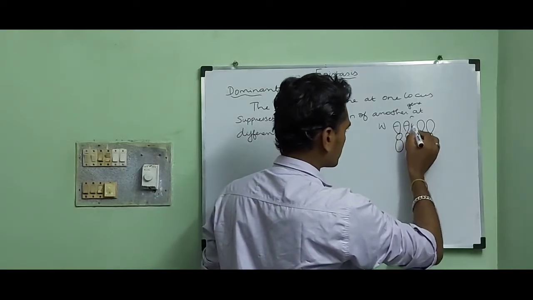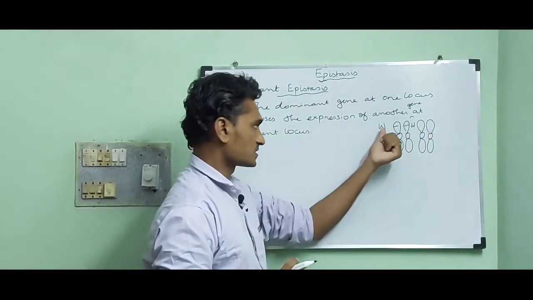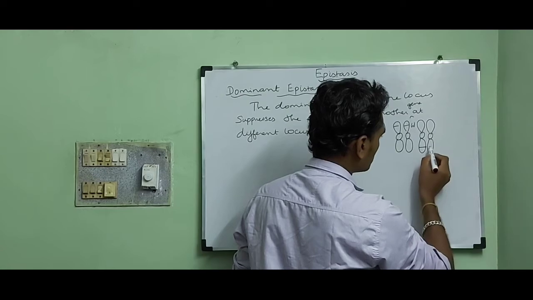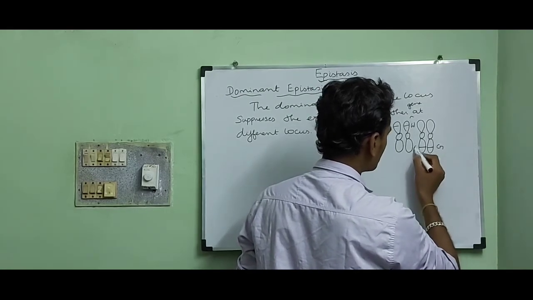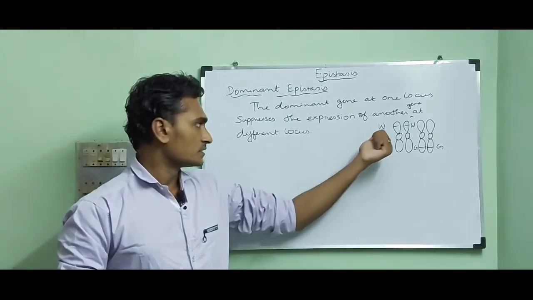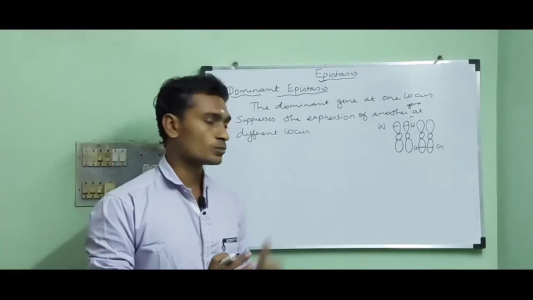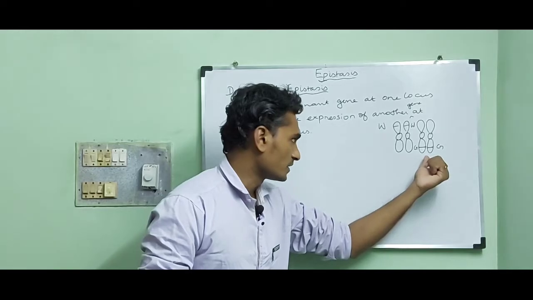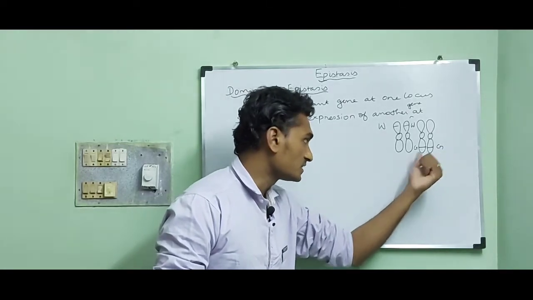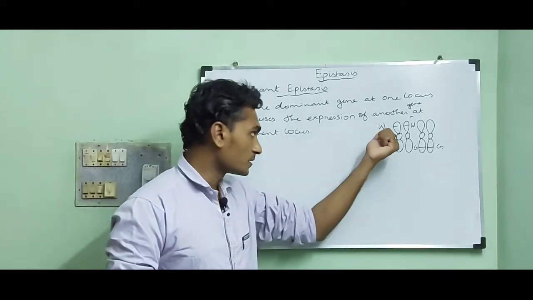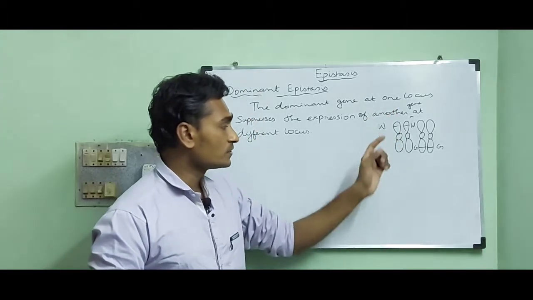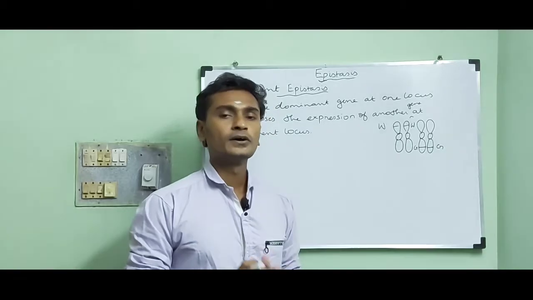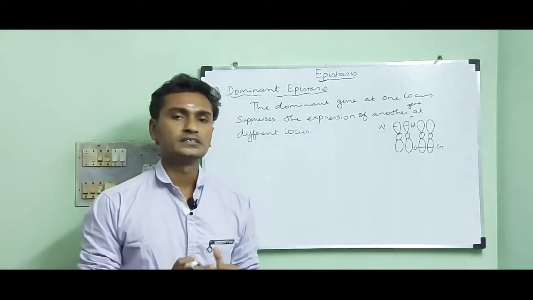Capital W is the gene present in this locus, and in this other pair of homologous chromosomes the genes present in this locus are capital G, capital G. Here the dominant capital W is the epistatic gene, which suppresses the expression of capital G present at a different locus. That is called dominant epistasis.